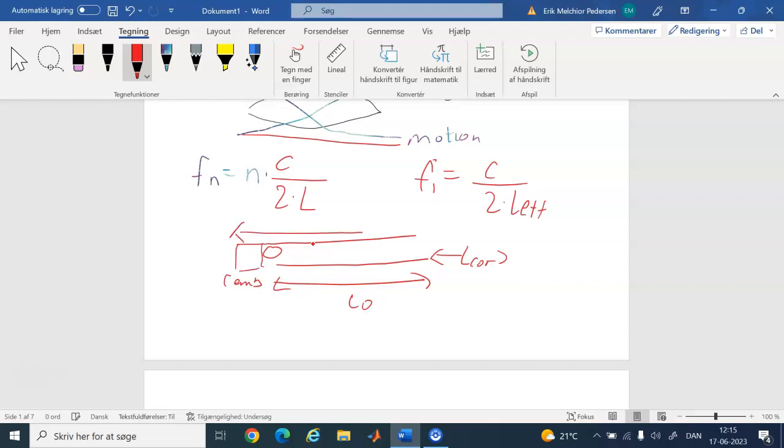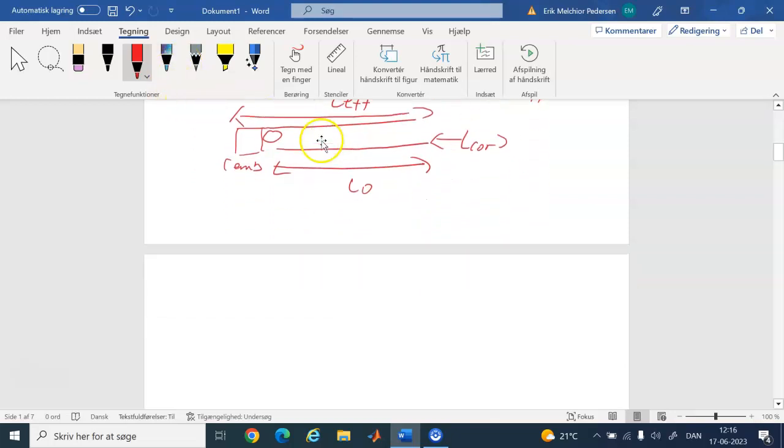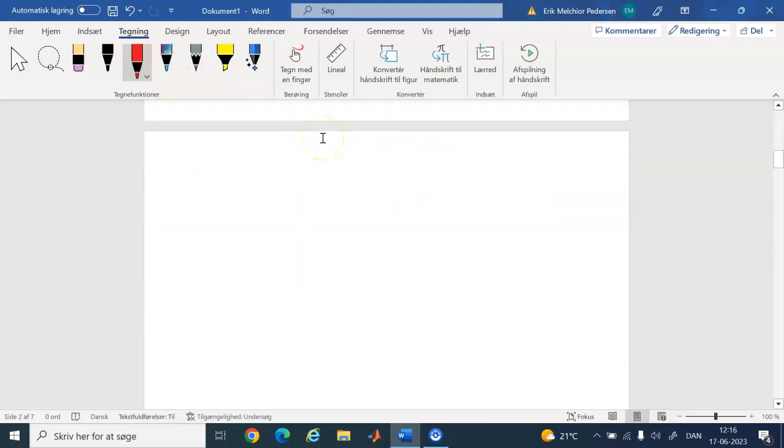This is an acoustic length, or the effective length here. So you should use the effective length in the terms. This correction term should be 0.3 times the diameter of the cylinder.